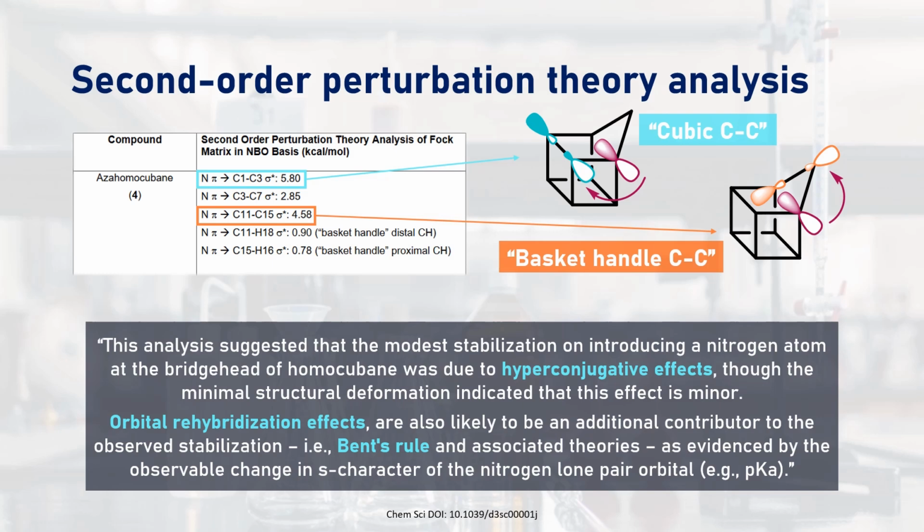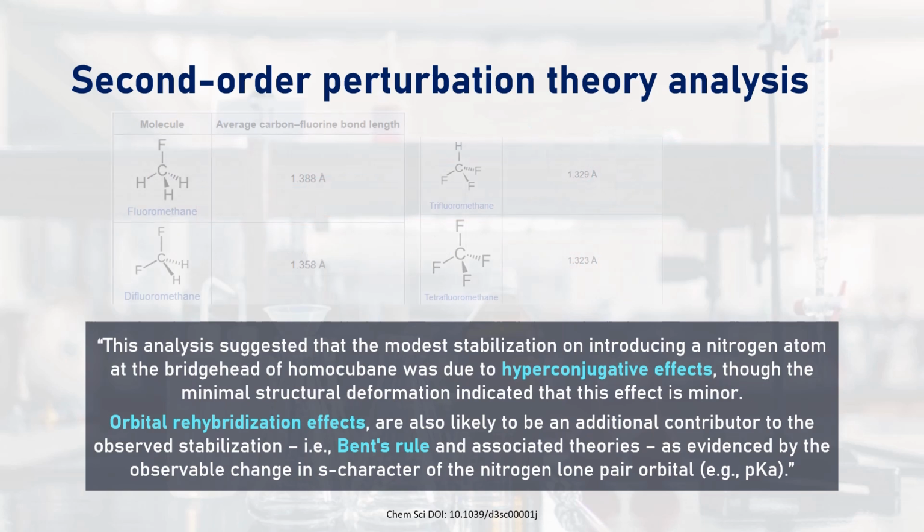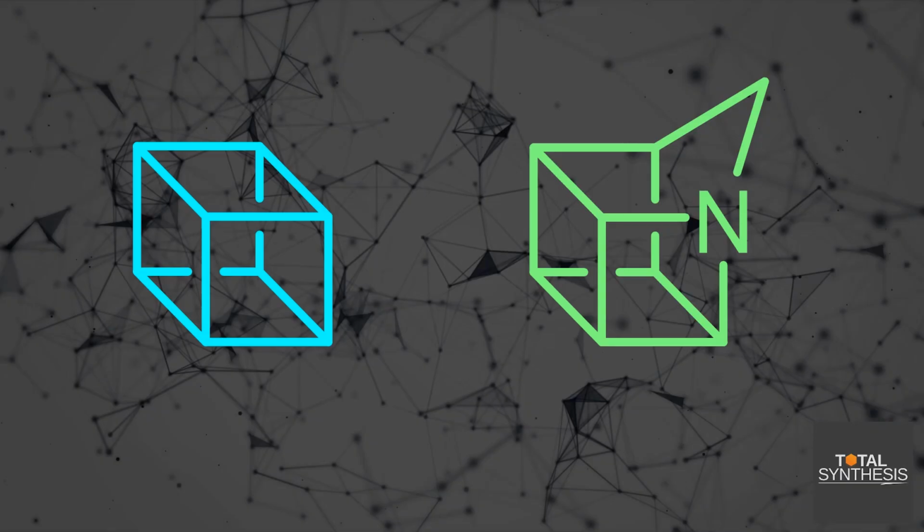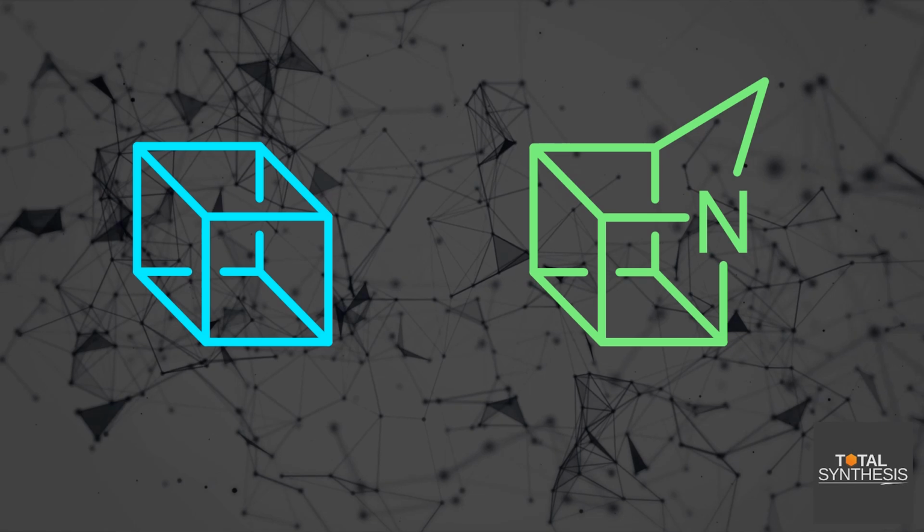For example, the highlighted Bent's rule describes orbital reorientation once you add in a more electronegative substituent like fluorine or nitrogen. In such settings, orbitals with s character are pointed towards more electropositive substituents like hydrogen or carbon, so this leads to some changes in bond geometry and lengths. This work doesn't answer all of our questions, but it shows that aza variants of strained systems will be an interesting playground for chemists.